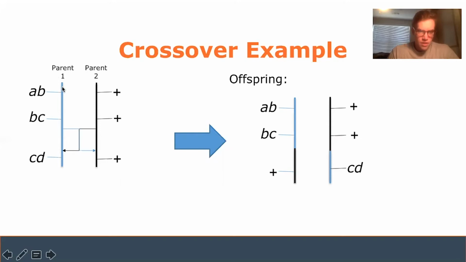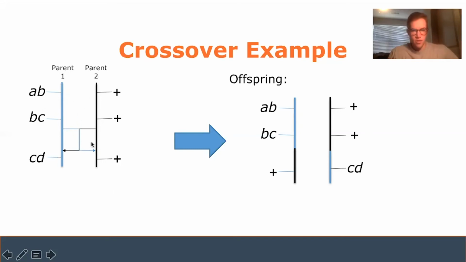Start and come down the gene: A, B, B, C, and then crossover happens. So it's going to come over here, and wild type, denoted by the plus. So if crossover were to happen here, it would result in the chromosome AB, BC, plus, and then the same thing over here if we were to start here: plus, plus, CD. So that's what we can assume would happen.